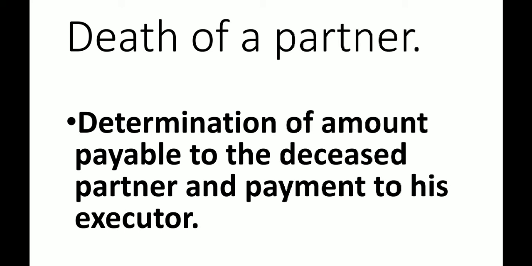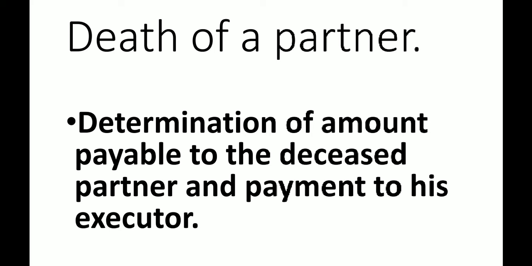So in today's lecture we are going to learn all about this, that is how to deal with the amount payable to the partner who died. We already know how to pay the amount to the retiring partner. We have learned this in the previous sums.